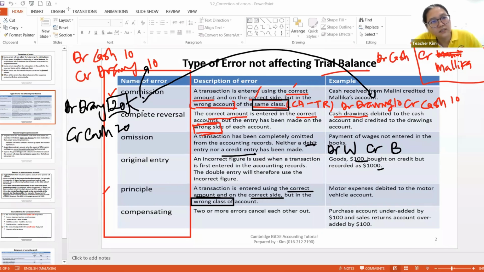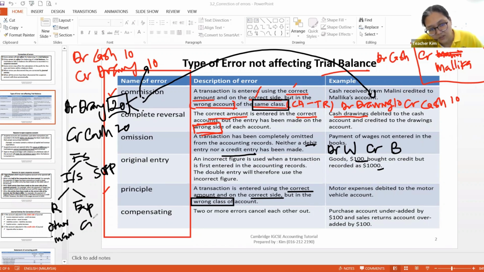In accounting, in our financial statements, you learn the income statement and the statement of financial position. Under the income statement, we have the revenue, other income, the expenses, and the cost of sales. This is called the class.